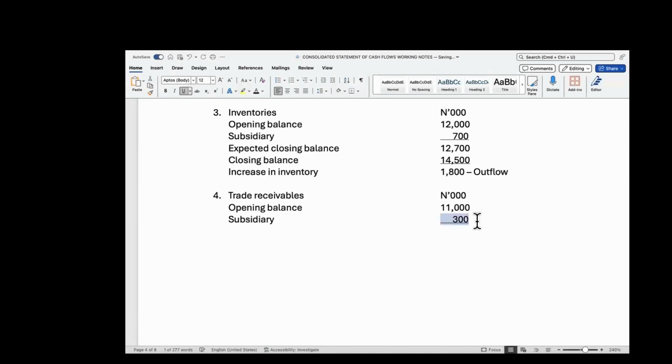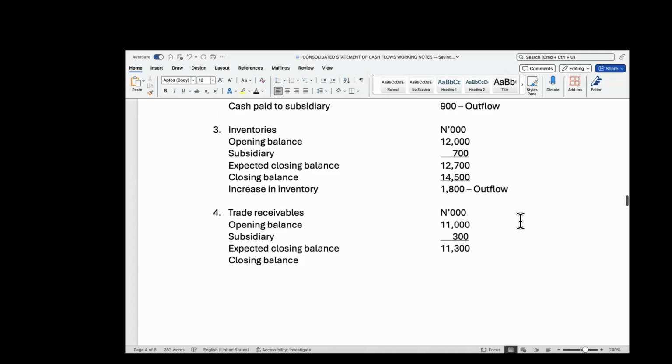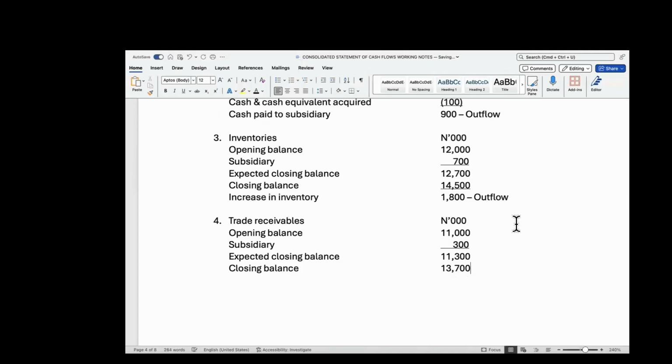What's the expected closing? 11.3. But what's now the closing balance? 13.7. So here there is an increase in trade receivables by how much? 2.4.